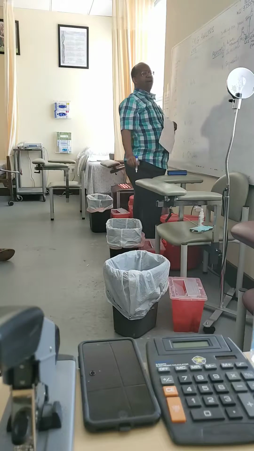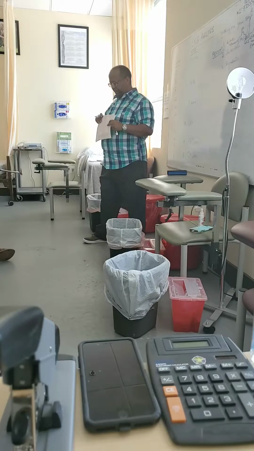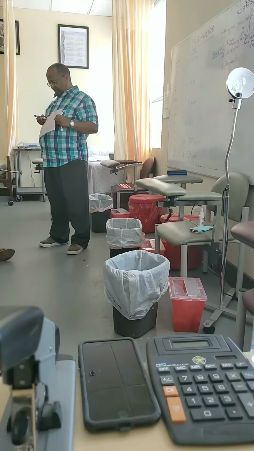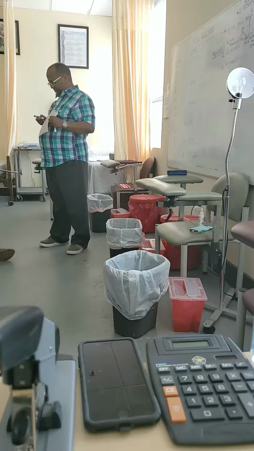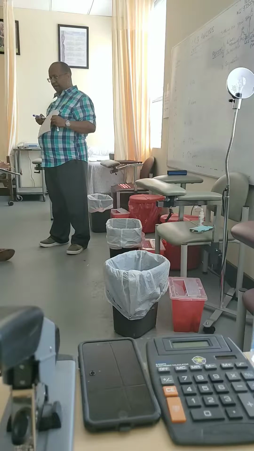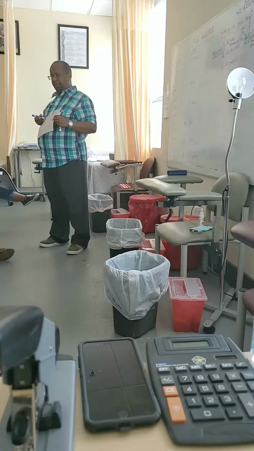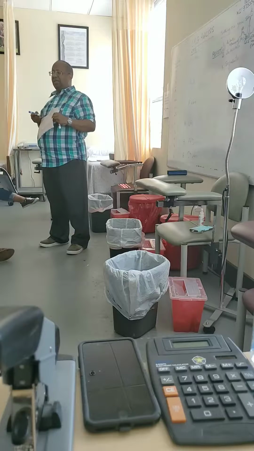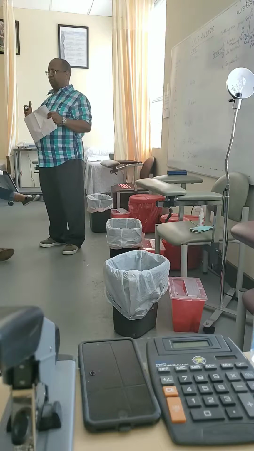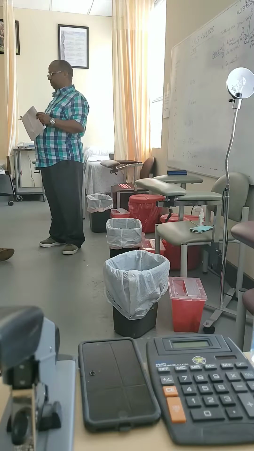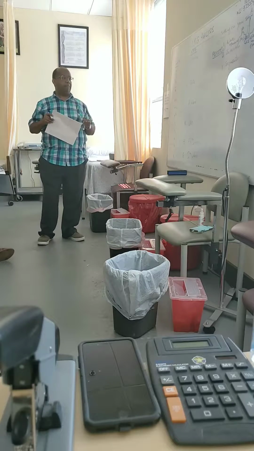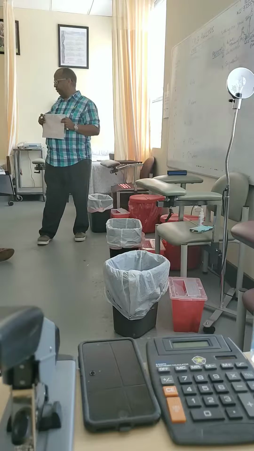So you have P wave here, Q here, R, S, and T here. How many waves? Five. The U wave is not always found; it's occasionally found in some conditions.